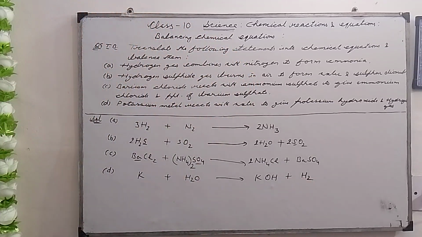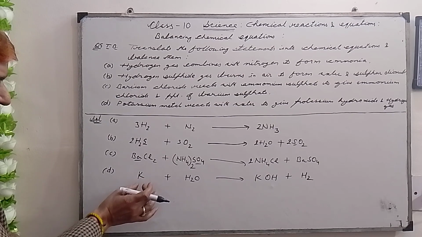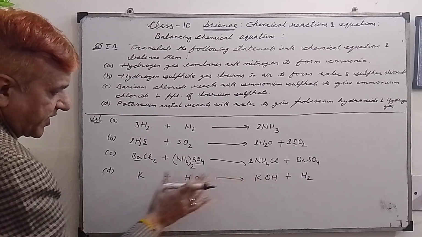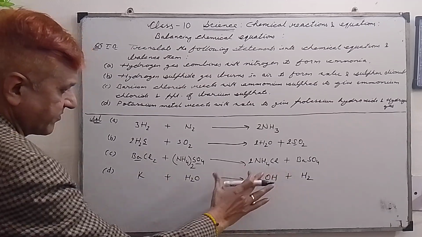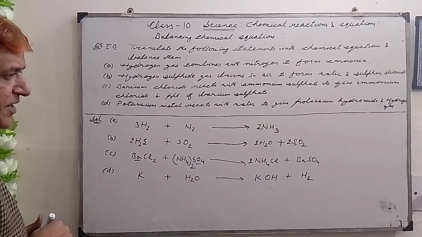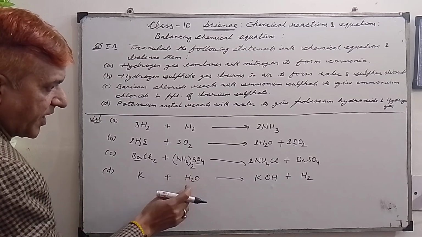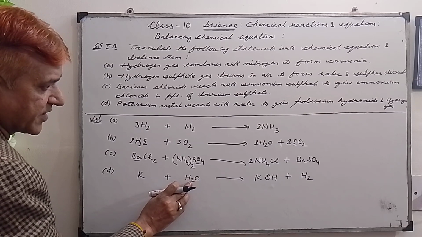So now let's balance this equation. Firstly we will balance the metal atom, potassium, 1 atom in reactants and 1 in products. So potassium is balanced. Now let's balance hydrogen. We have 2 atoms of hydrogen here.